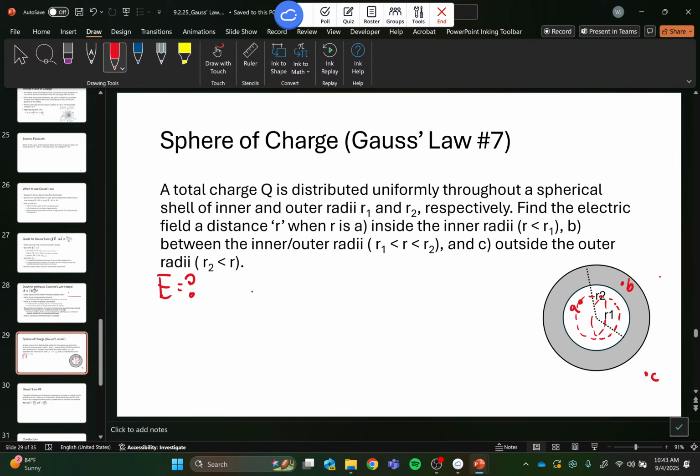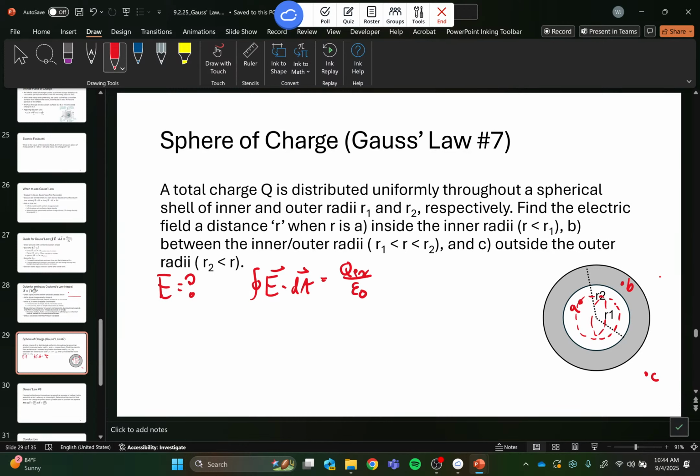Yay! So, Gauss's law says the integral of E dot dA equals Q enclosed over epsilon naught. When solving Gauss's law, we start with one side at a time. I tend to start with the left side because it's on the left. It doesn't really matter what side you start on, you gotta do them both. E dot dA is the electric field times the area.